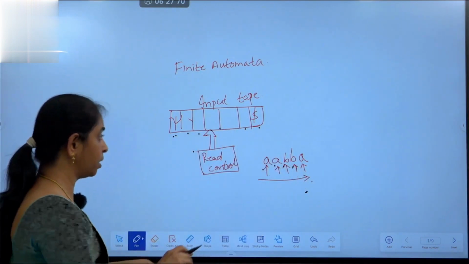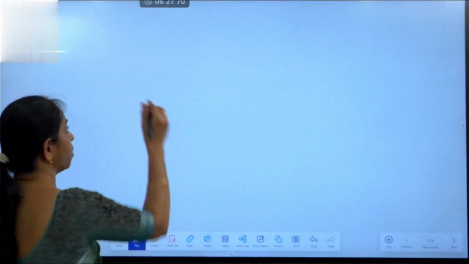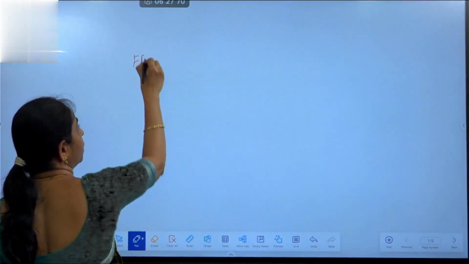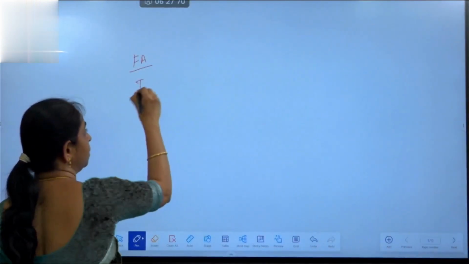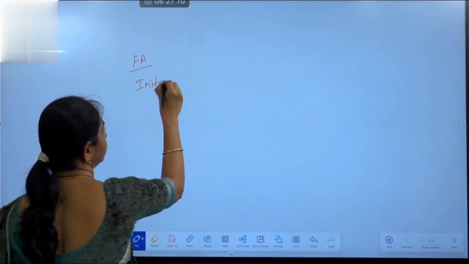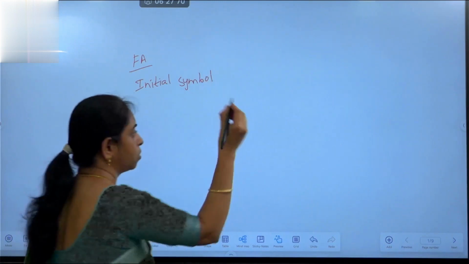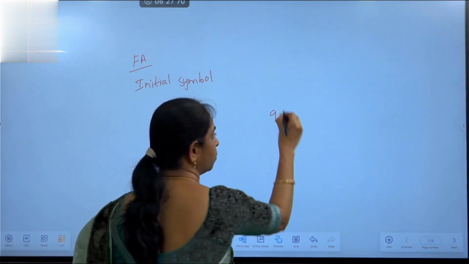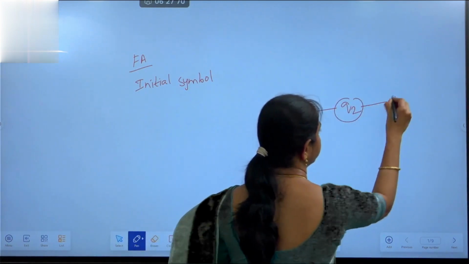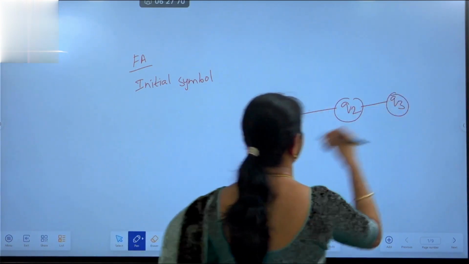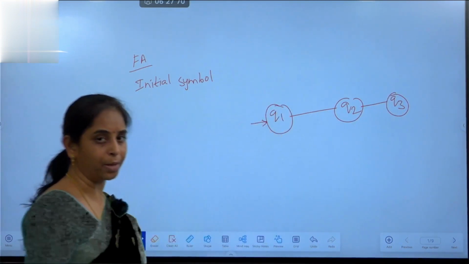We will see the different types of states in finite automata, like the initial state. Whenever we have an automaton like this, Q1 is the initial state, and we represent it with a single arrow.